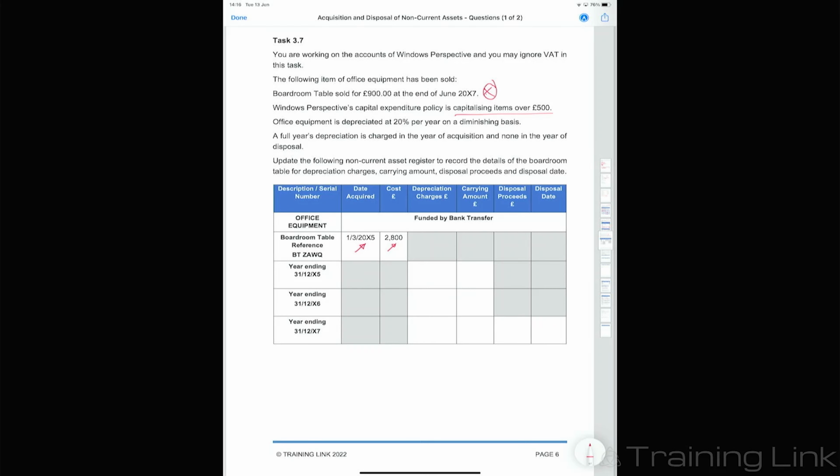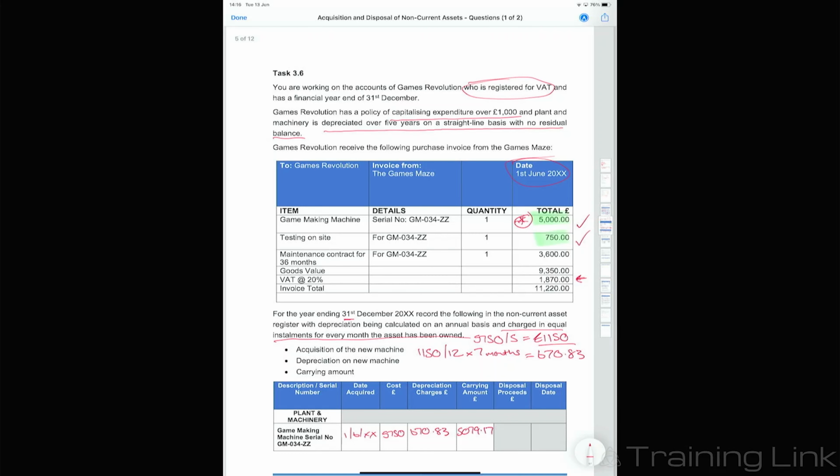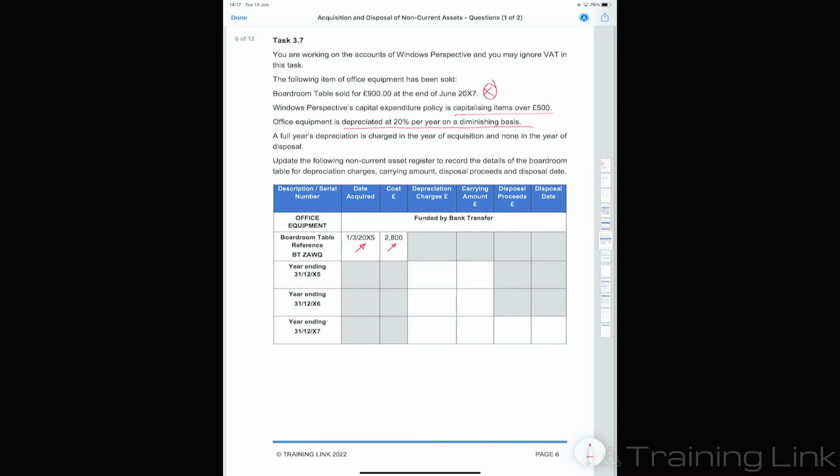Now, office equipment is depreciated at 20% per year on a diminishing basis. So in the previous example, we looked at straight line basis. Okay, a straight line basis is the same amount charged each year, whereas the diminishing balance basis is a percentage charged on the carrying amount, and it's specifically the carrying amount each year.